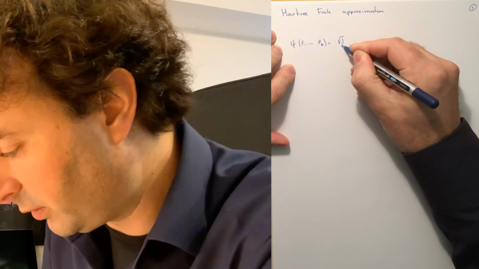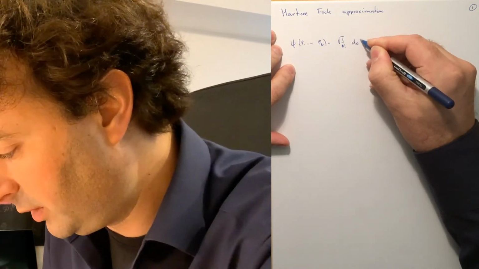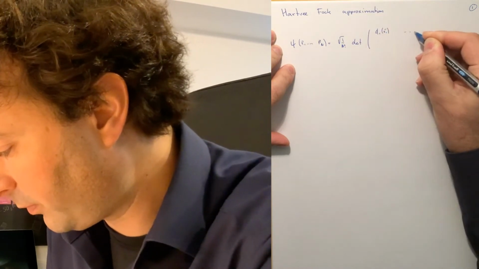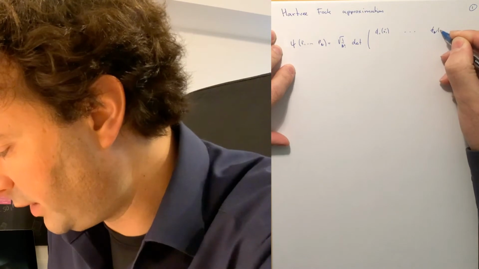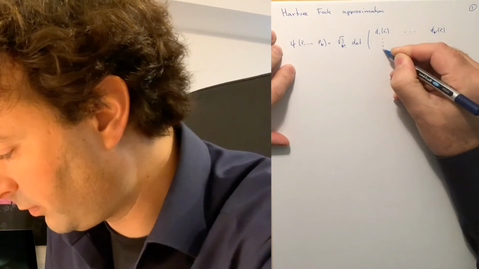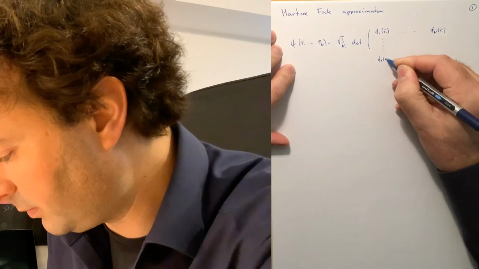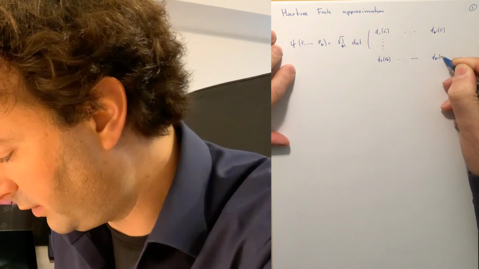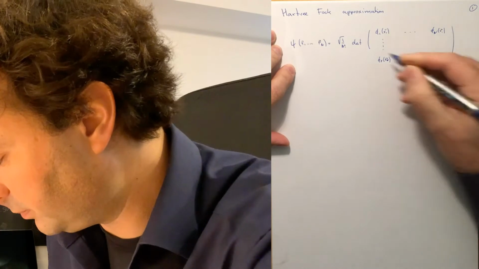The Slater determinant is the square root of 1 over n factorial times the determinant of psi 1 r1 up to psi n r1, down to psi 1 rn up to psi n rn.